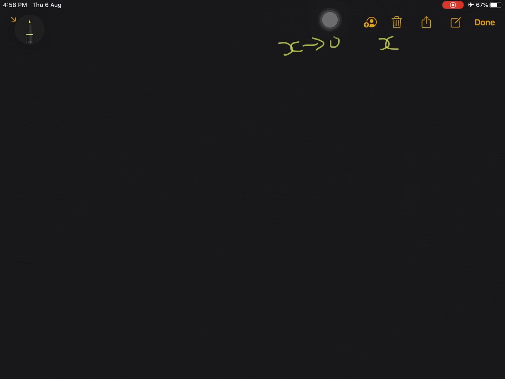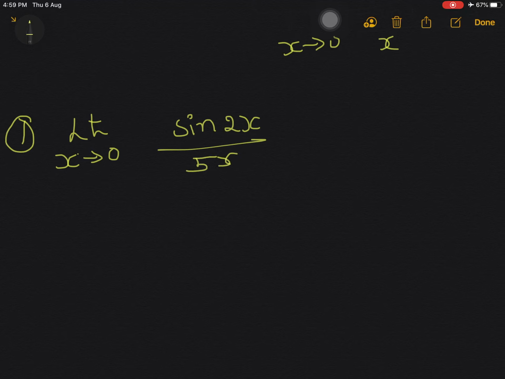The first question in front of us is limit x tending to 0 of sin of 2x by 5x. We can solve this easily using the standard formula.